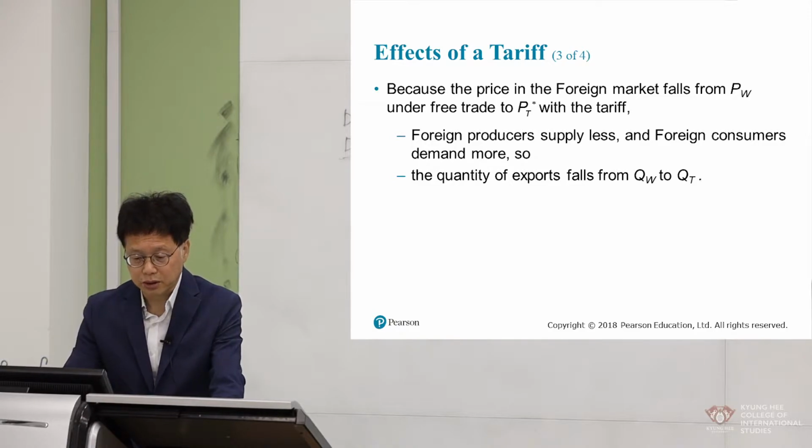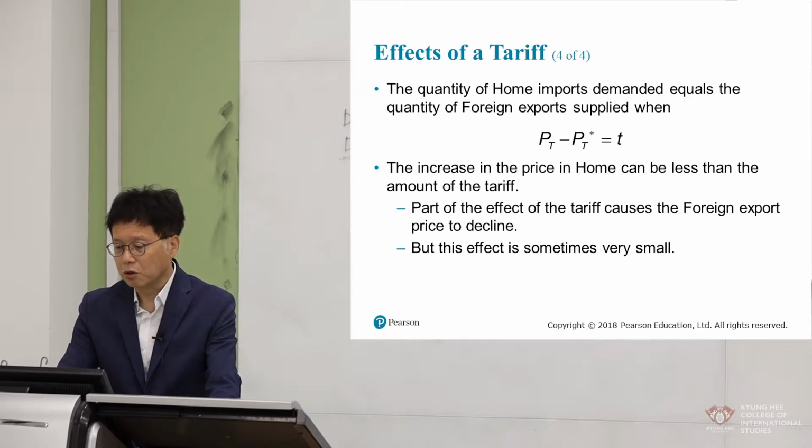I already explained this. The quantity of home market demanded equals the quantity of foreign export supplied when PT minus PT star equals T. The increase in the price in home can be less than the amount of the tariff.